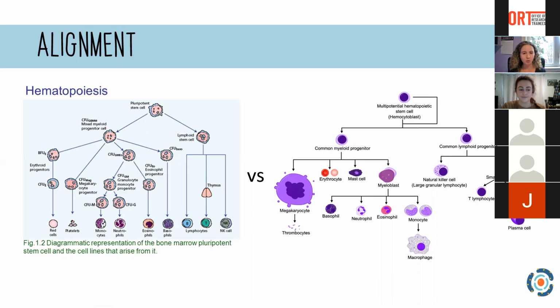Whereas on the right, everything is aligned very nicely, so it makes it really easy to take in. And as well, you can see where things are at in terms of the level. So you can see, okay, the common myeloid progenitor and the common lymphoid progenitor are at the same stage in development. Whereas you would really have to focus in on the image on the left to get that same information.